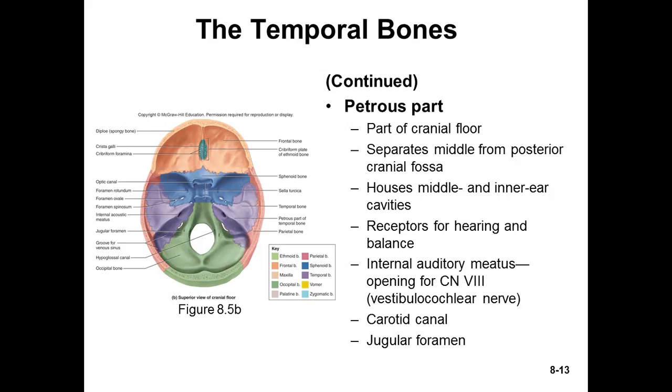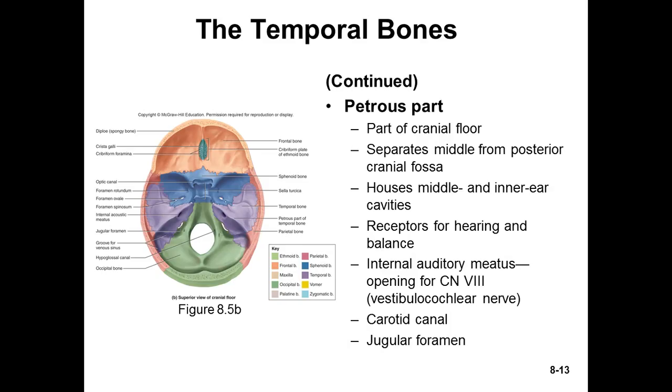You also have the jugular foramen. Of course, your jugular vein passes through that, which is on page 240 of your textbook. So a huge amount of blood drains from the brain, or travels from the brain to the rest of the body.